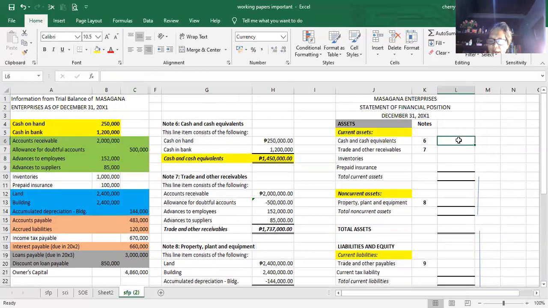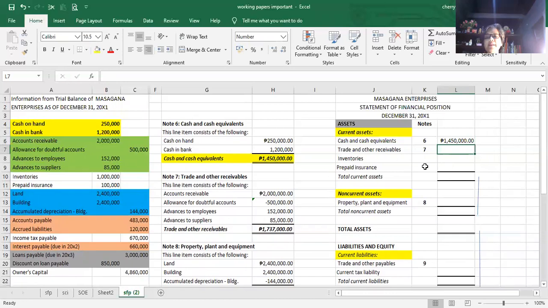In your manual workbook, you can write it as 1,450,000. But since we are presenting it in Excel, we are going to call it on again. So 1,450,000 is our cash and cash equivalents.